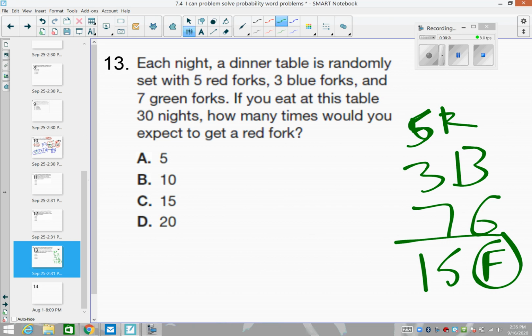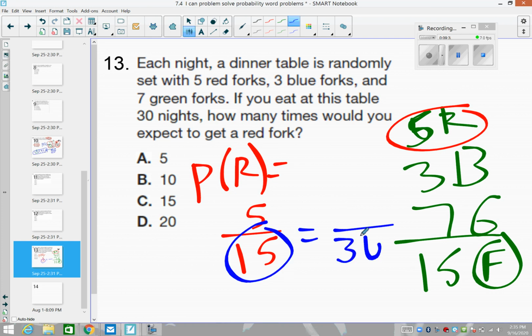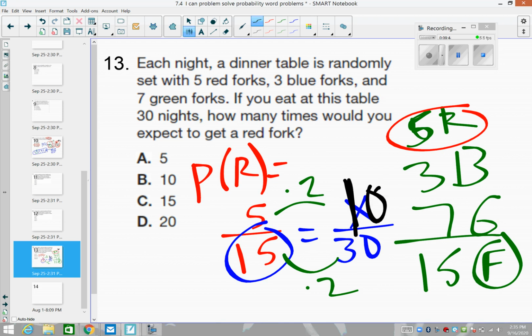The probability of red is 5 out of 15 total forks. So instead of 15, let's change that to 30. Following the pattern here, we multiply by 2, multiply by 2. You can always take cross products. We would predict that you would get 10 red forks. So there's just another good example on that.